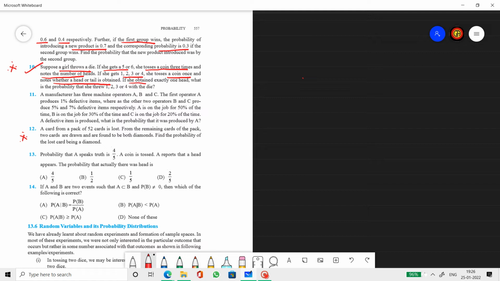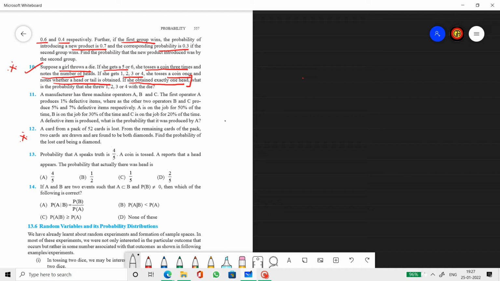If she obtained exactly one head, so she is getting a head, the total probability is getting a head. What are the ways of getting a head? She can get exactly one head in 3 tosses of a coin, which she will do if she gets 5 or 6. Or she might get one head if she tosses a coin only once, which she will do if she gets 1, 2, 3, 4.